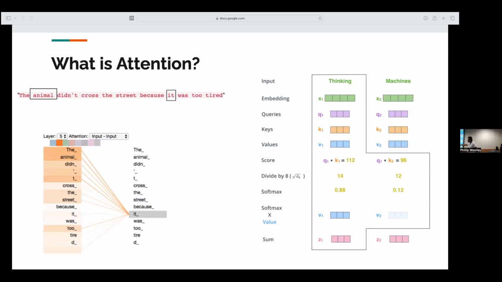Here you are summing up V1 and V2. Suppose you had 5 words, you would sum up V1, V2 till V5, and you do it for every word. So Z1 will have a different value, machines would have Z2, and other words would have different ones.